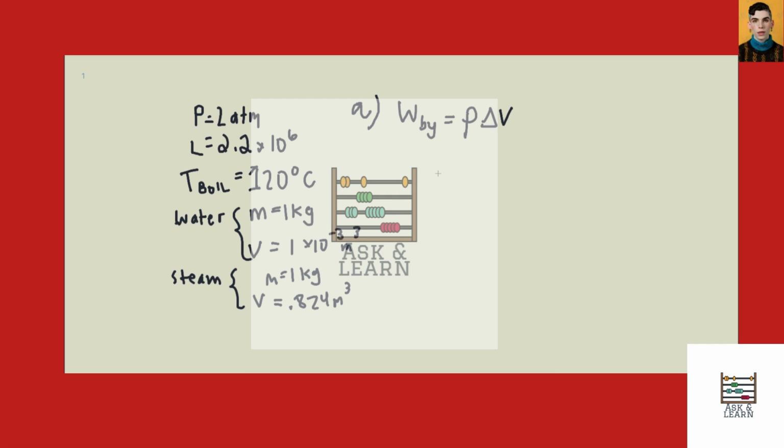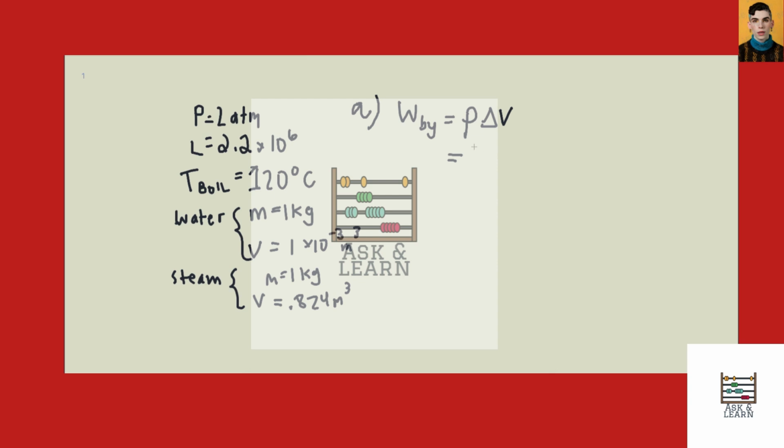But since this is all occurring at 2 atmospheres, the pressure stays constant and the formula reduces to P delta V. So we can plug in our pressure of 2 atmospheres and our volumes. It starts out as 1 times 10 to the minus 3 meter cubed when it's water, and it ends up at 0.824 meter cubed.